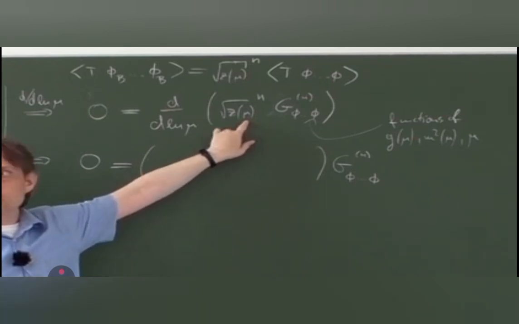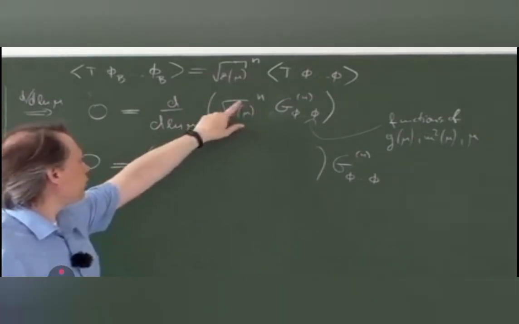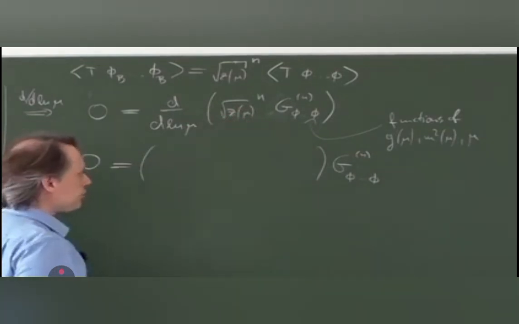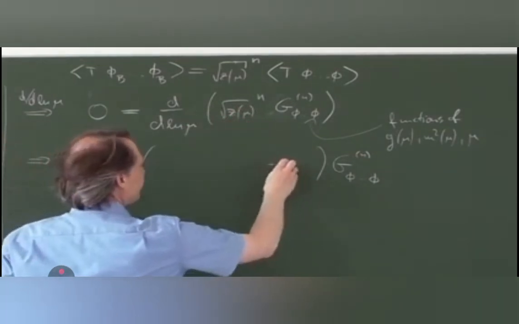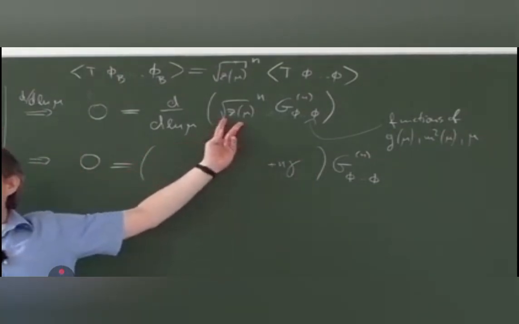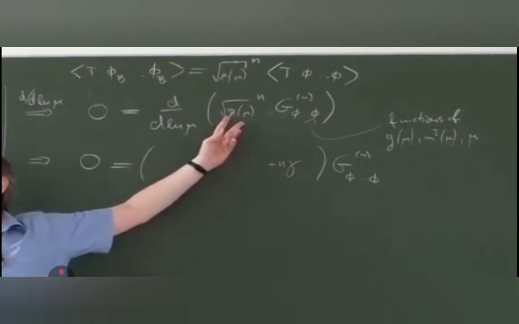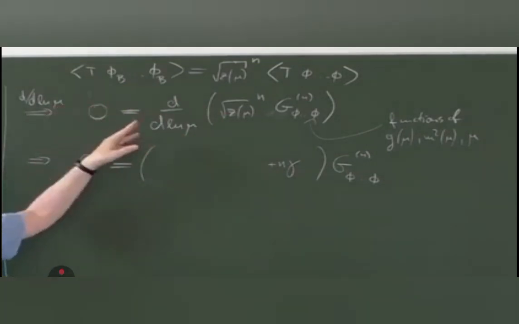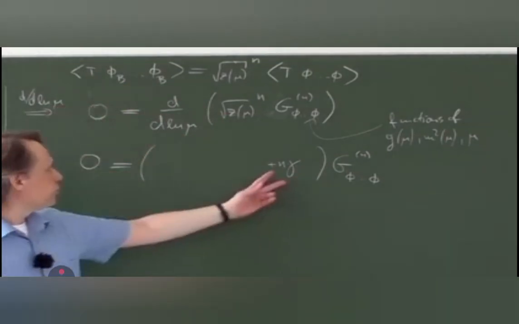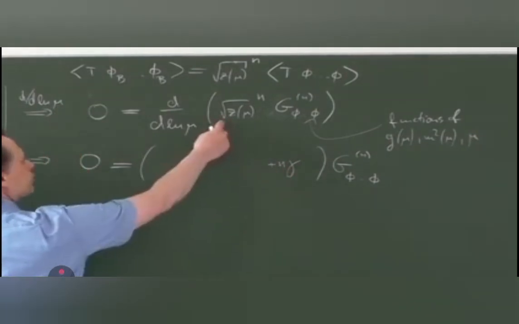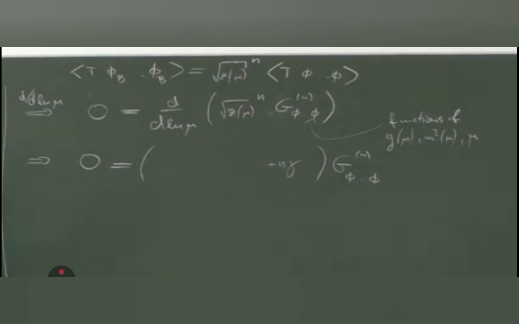So the derivative here simply gives n times the gamma function times the original square root of z. So here we have plus n times gamma from this derivative. Afterwards, the square root of z can be factored out of the whole equation, and it can be cancelled between the left-hand side and the right-hand side. But here from that derivative we simply get n times gamma, where gamma is the total derivative of square root of z. What else do we get?